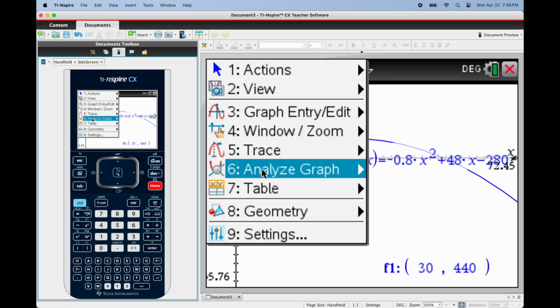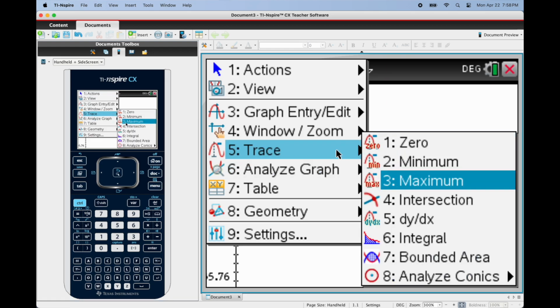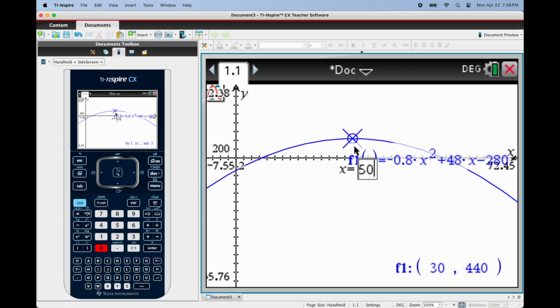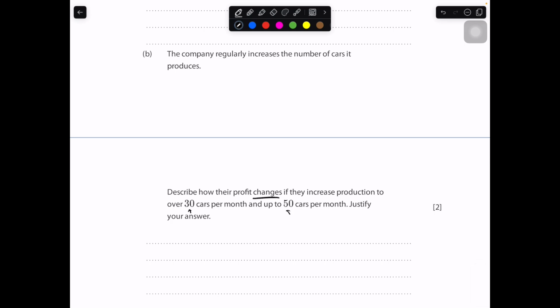And let's use graph trace again and put in a value of 50. Actually, we can see that when x is equal to 30 we're at 480, and then our profit actually just decreases. So let's go back to the document for a sec.